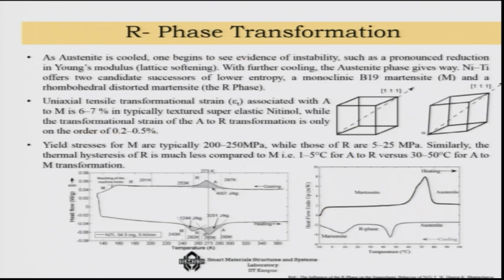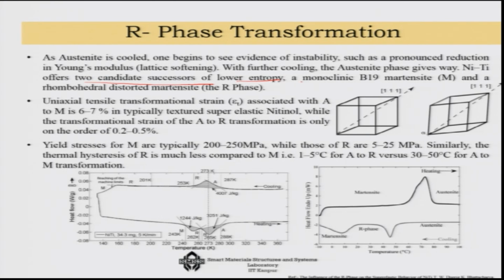I told you that when you come back from austenite to Martensite phase, let us say you are doing it not using stress, but using temperature. That means you are simply cooling it. If you cool it, then also you will come to the Martensite state, but there is a possibility that when you are cooling from the austenite phase, there can be 2 candidate successors of lower entropy.